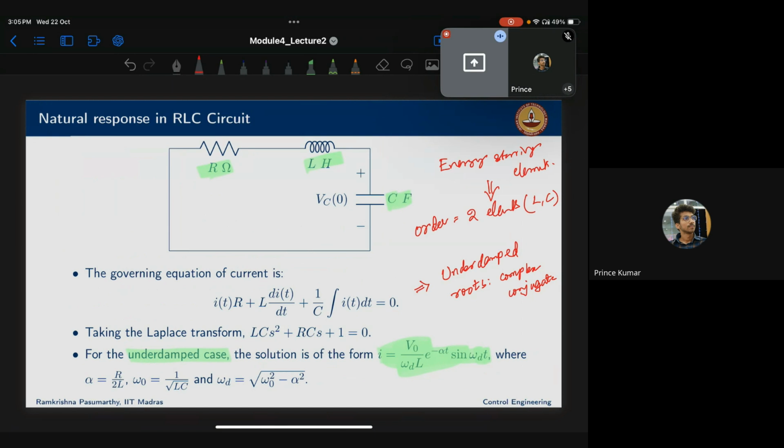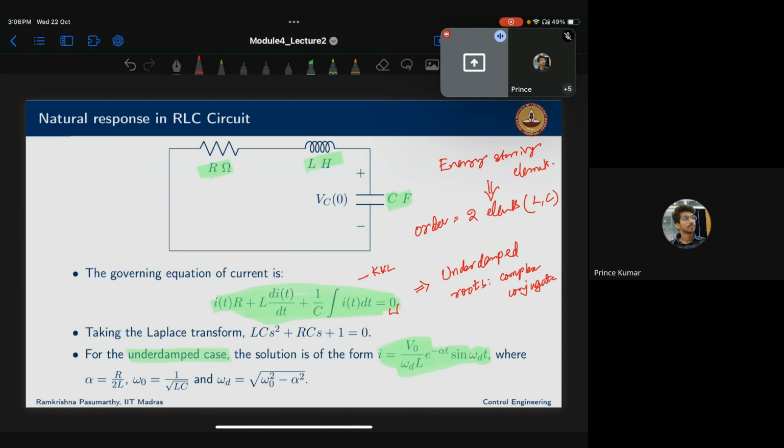Now for this, if you write down the KVL in the same way as before, this is the equation we are going to get. Since there is no source here, this is the KVL for the above loop, and we have 0 on the right side.